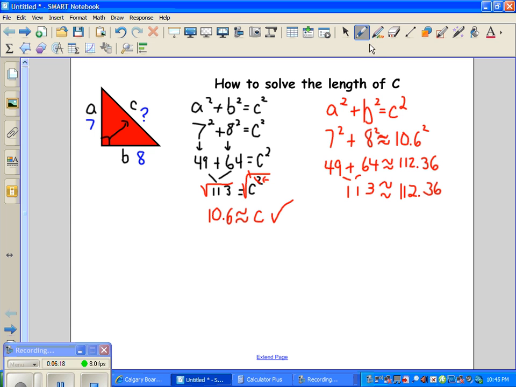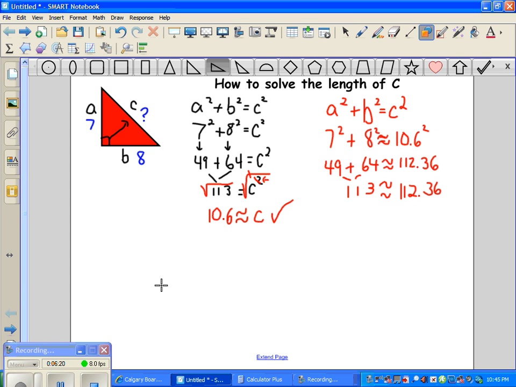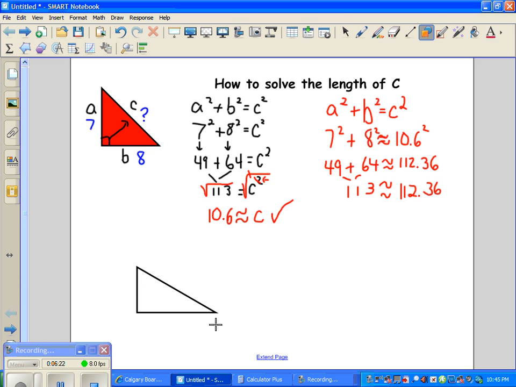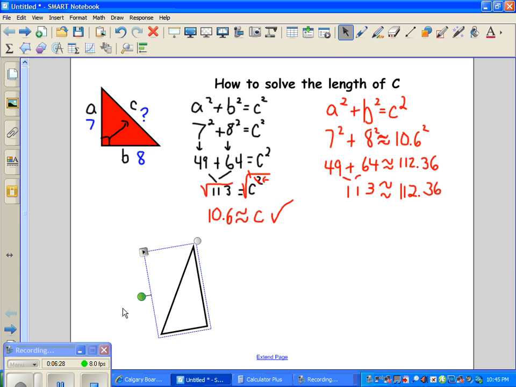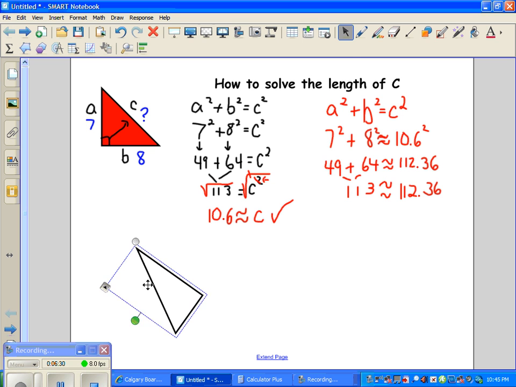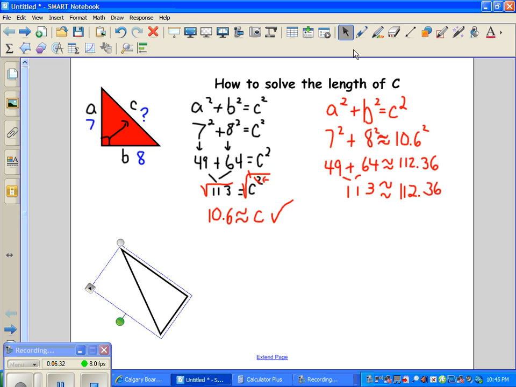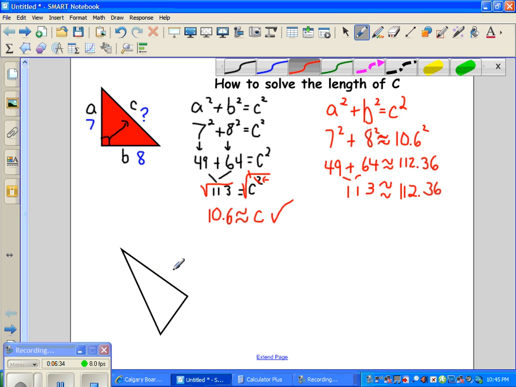If we were going to solve side B, let's say we make a new triangle. I'm going to just twist that some so we're not always thinking triangles look alike, and they're always sitting the same way. First job always is to find the right angle, 90-degree corner.